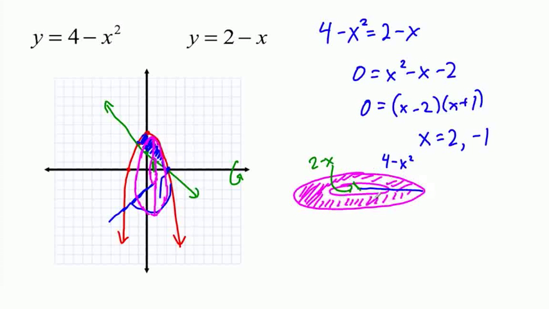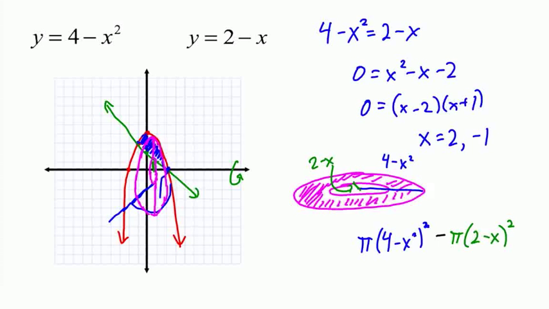So if I find the area of this right here, it will be pi r squared, so pi times 4 minus x squared, squared, and then minus the hole right here, so it's going to be pi r squared here.